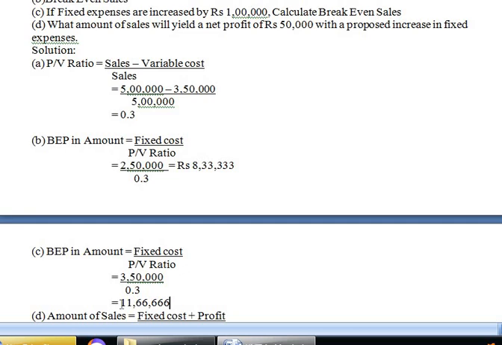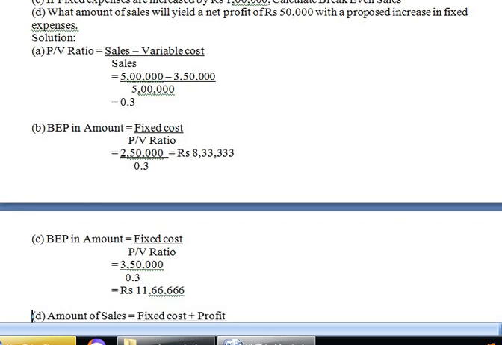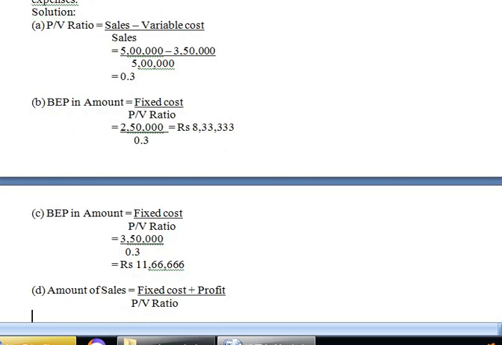It is recurring again, so you can take it as 67 as well. Again this is rupees. Hope everybody has understood this. It is a very simple problem.